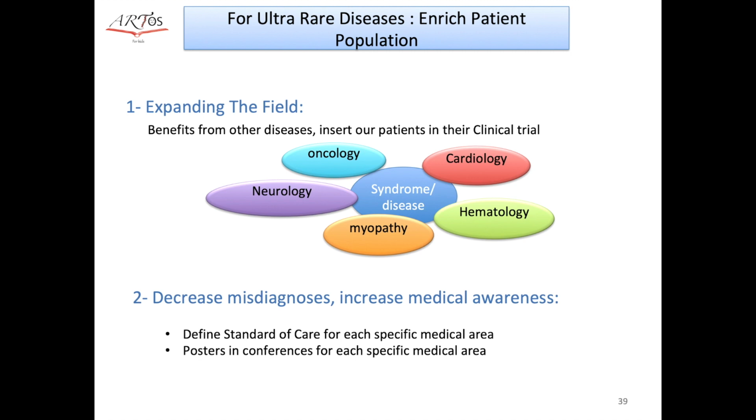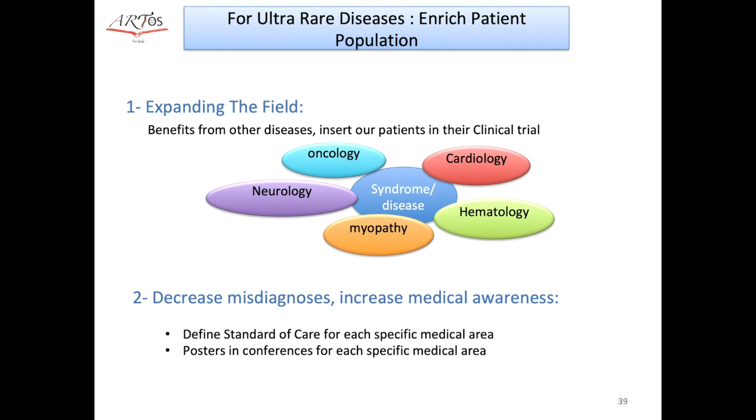You can define and insert your patient as a subgroup in other clinical trials from cardiology, hematology, myopathy, neuromuscular, oncology, or others that you would have to identify talking with your clinicians.